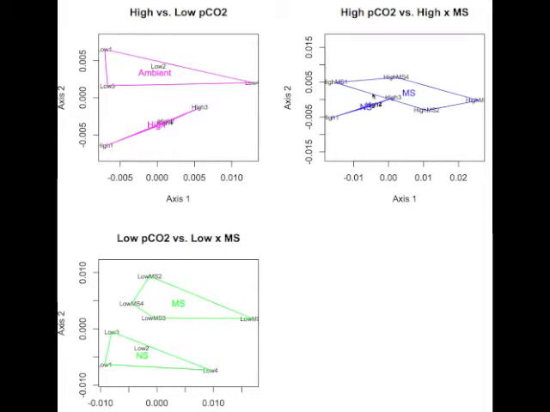So have you found any interesting proteins that are driving either the CO2 or the mechanical response? So right now, I'm having a hard time figuring out which proteins, for example, if we look up here, are responsible for the separation along this axis, which would be my response between the two groups, versus the proteins responsible for separation along this axis, which would just be individual variation.